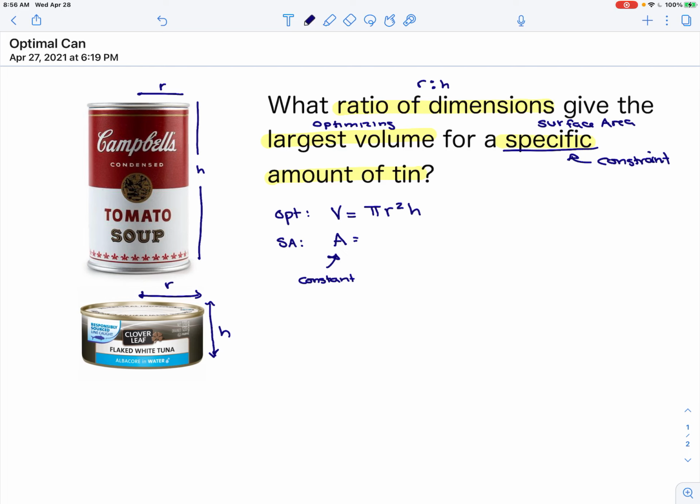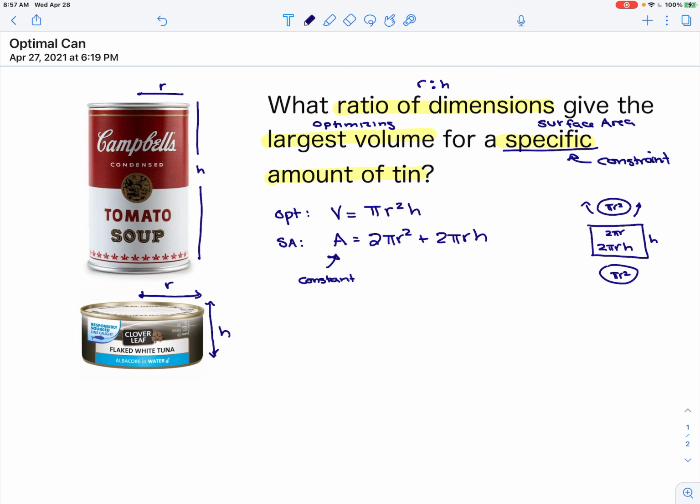If you think about opening a can up, you're going to have two circles and one rectangle. The circles are pi r squared. The rectangle has height h, and its other side wrapped around the circle is the circumference, so the area is 2 pi r h. This gives us A equals 2 pi r squared plus 2 pi r h.